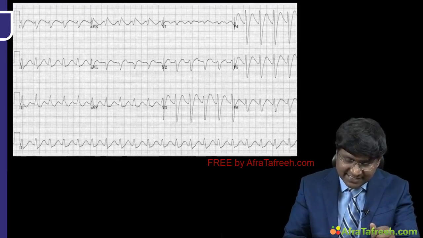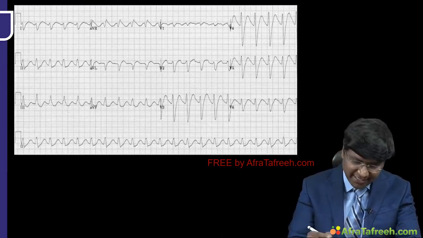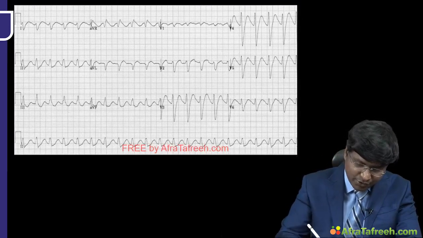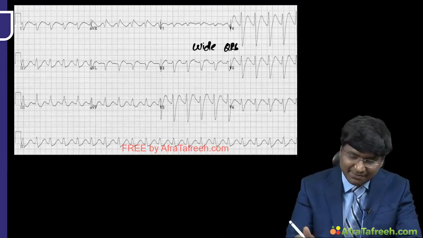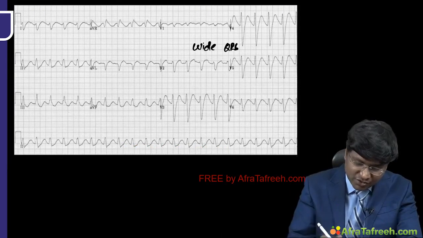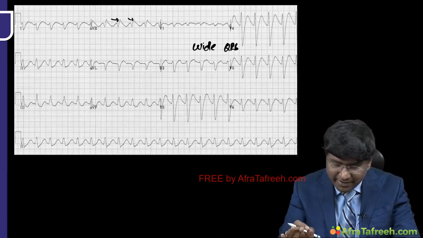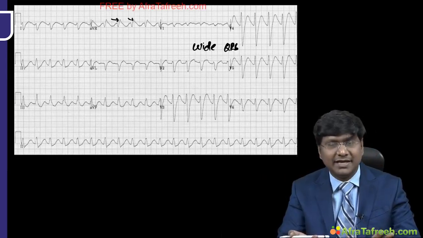So if you observe the ECG here, what abnormalities do you have? First and foremost, you have the presence of wide QRS complexes, right? That is one important abnormality. And another important abnormality, if you observe very closely, you can see that you have the presence of the dominant R wave in the AVR.